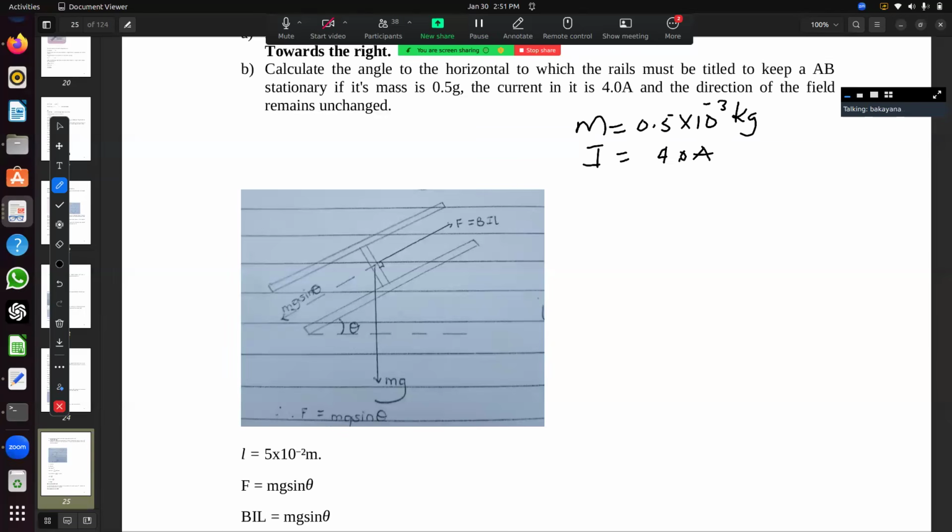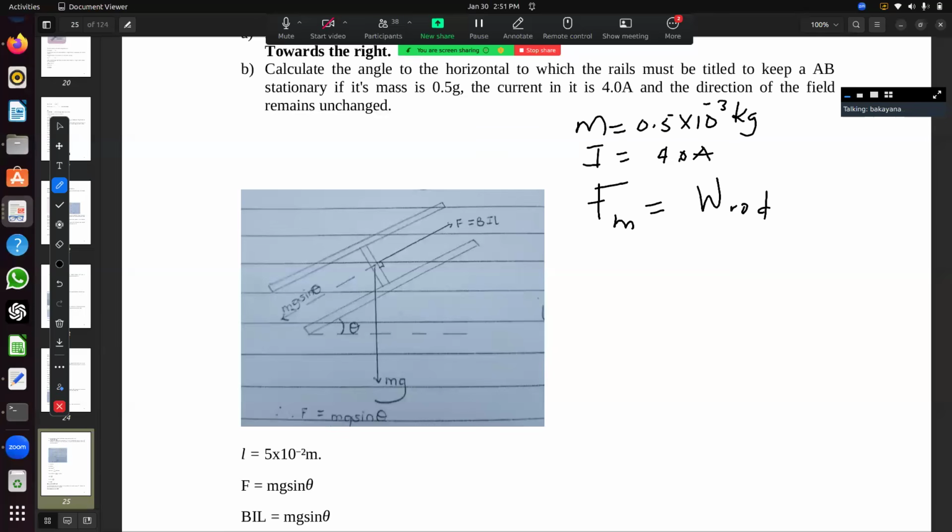So we have the diagram like this, but remember that if the rod is to be maintained stationary, then the force exerted on the rod must counterbalance the weight of the rod. The magnetic force must equal the weight of the rod.